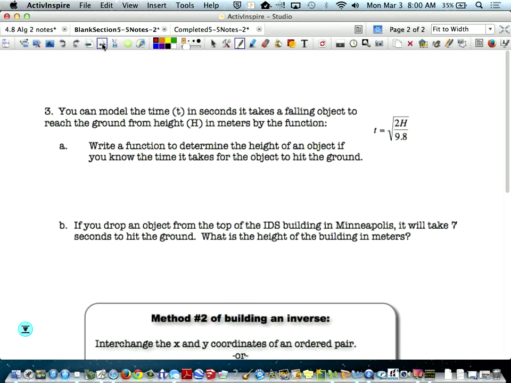So do that now, solve that for h. Solve that equation for h quickly. Show the person sitting next to you what you get. So if we start over there, you could square both sides.